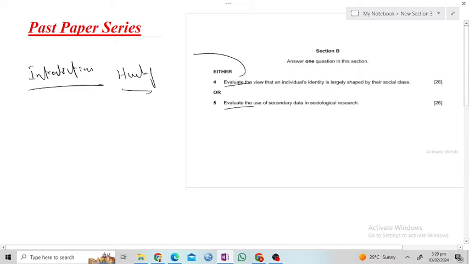Now we have to evaluate, so you need to understand how we can evaluate anything. You need both perspectives. Everything has two perspectives, so you need to understand the perspectives of both sides, meaning the positive and negative perspective, and then you will evaluate, meaning you will conclude.